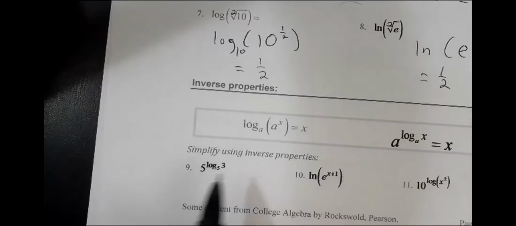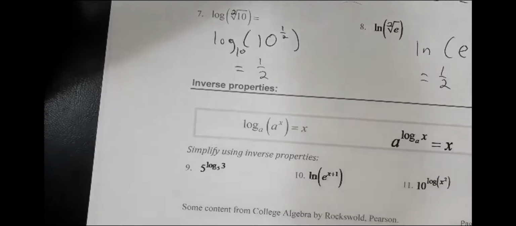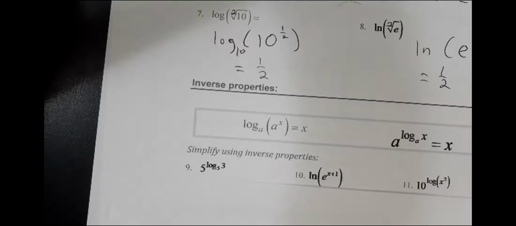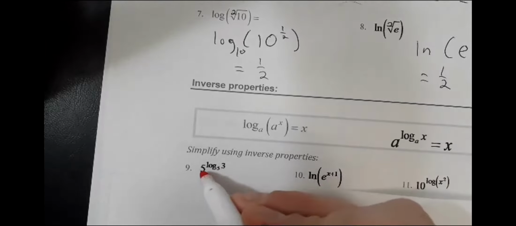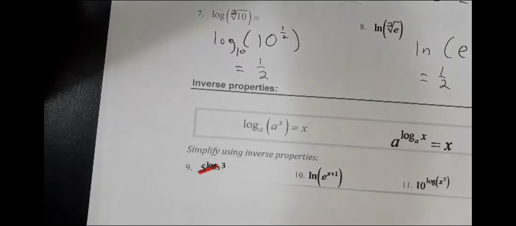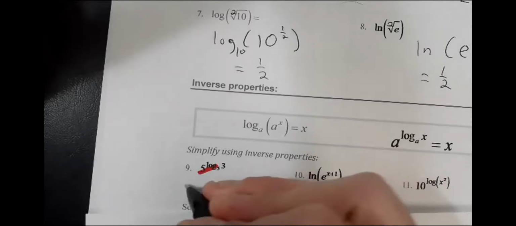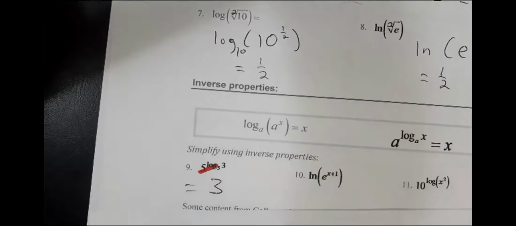If we look here, this is what it looks like with a base 5. I see this 5 being raised to a log base 5, and it simplifies out. They are inverse functions, so this should end up giving me the 3 that I was plugging into my log.